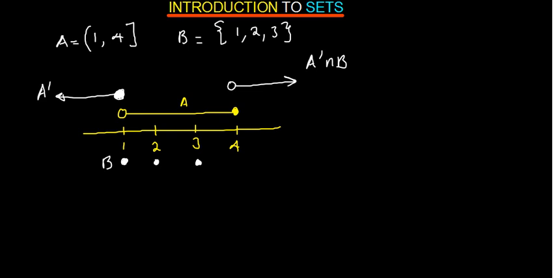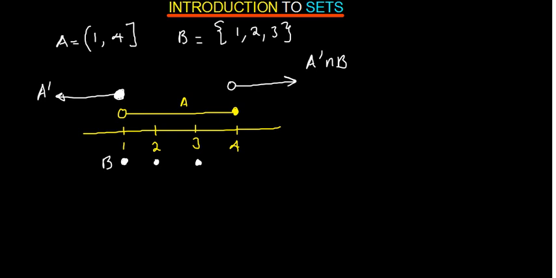Now you want where A complement is intersecting with the set B, I mean here, A complement intersection B. So from what you're able to see, for B we have the elements. You can see that 3 is not in A complement, right? You also have the element 2, and you can see that 2 is not in A complement, isn't it?